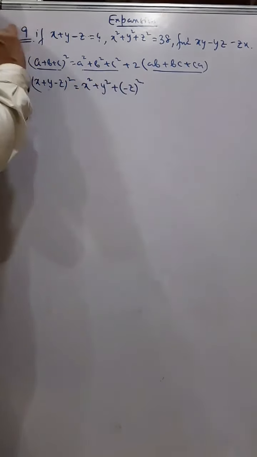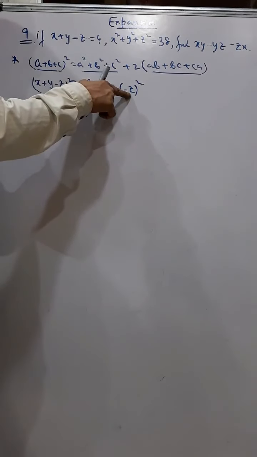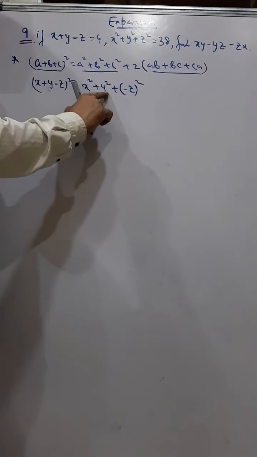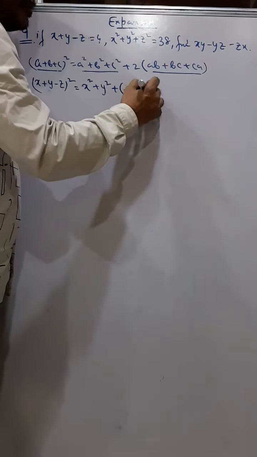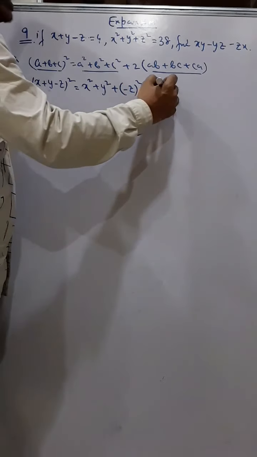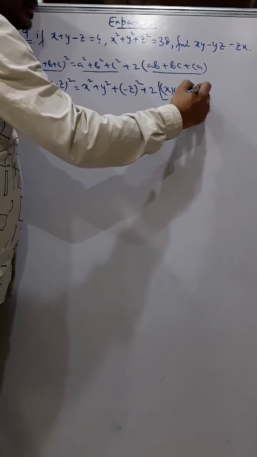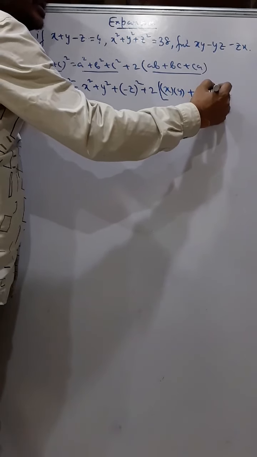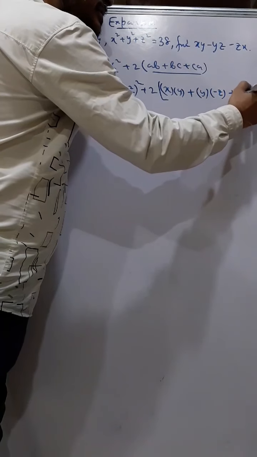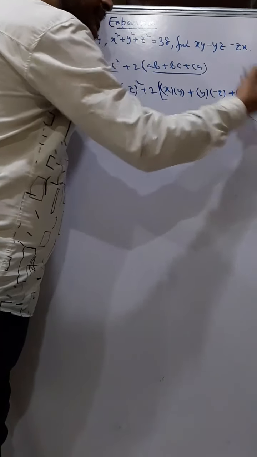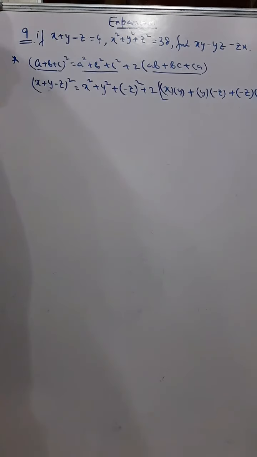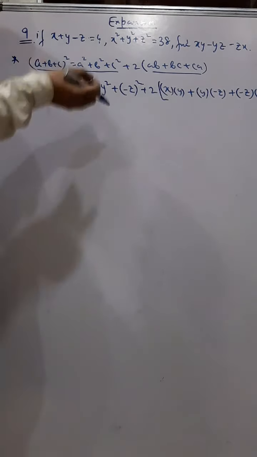See, when I'm telling c but I'm putting minus z. So what I put, a square plus b square plus c square plus 2 in bracket, I'll write a into b plus b into c and plus c into a. So very simple. Unless you say the formula like this and put like this, you will have a problem.